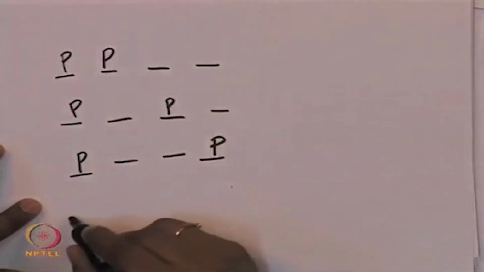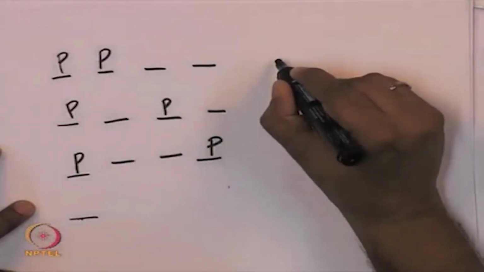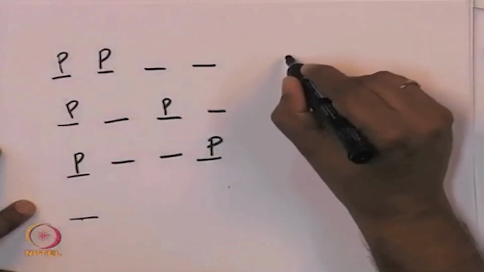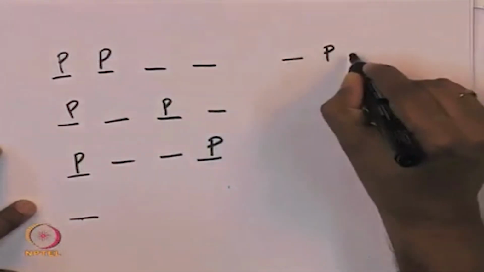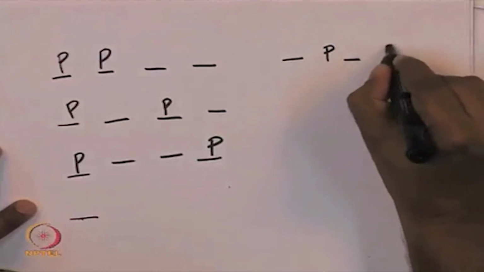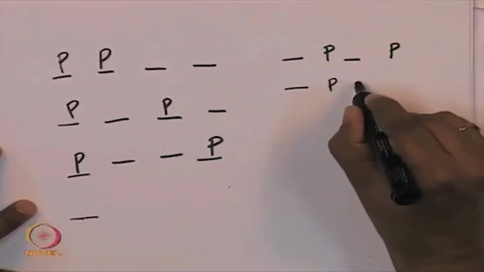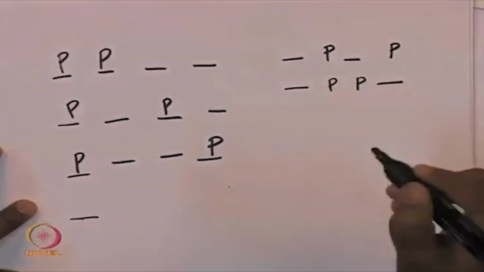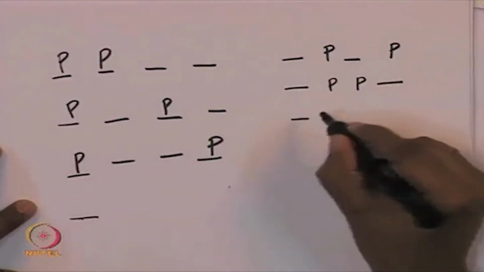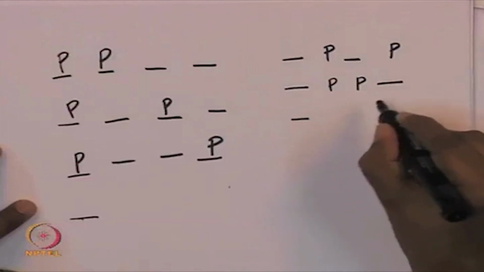So, this is one side, we can have an arrangement this, and we can have an arrangement this, and we can have an arrangement.